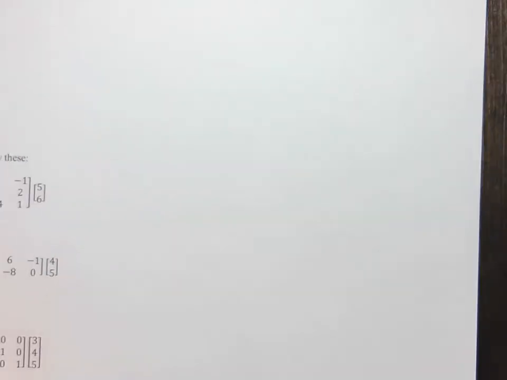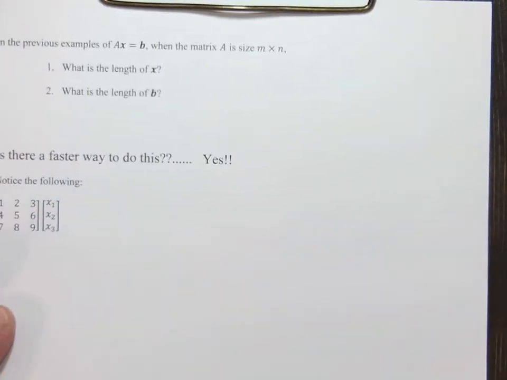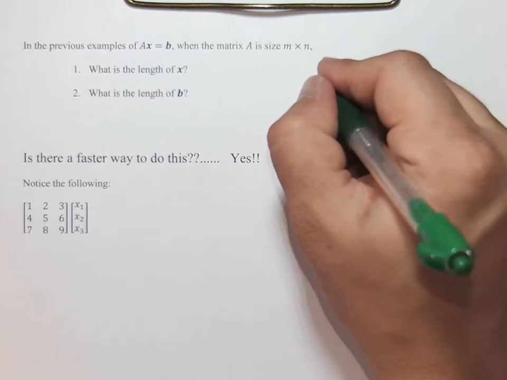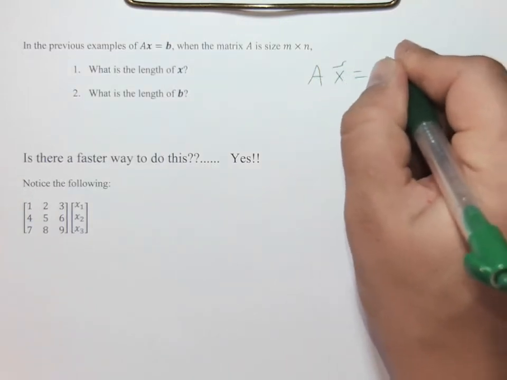Let me write down the general equation. So we're trying to think about when you have Ax equals b, how does it work?